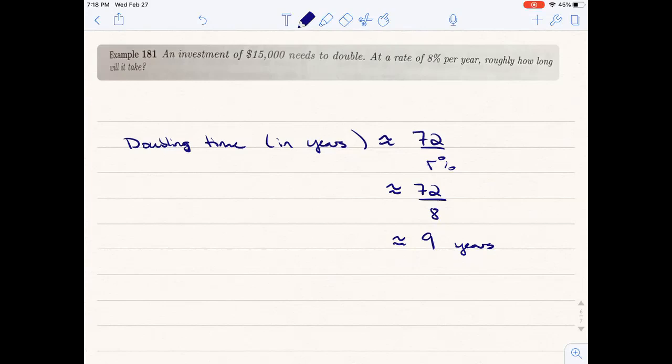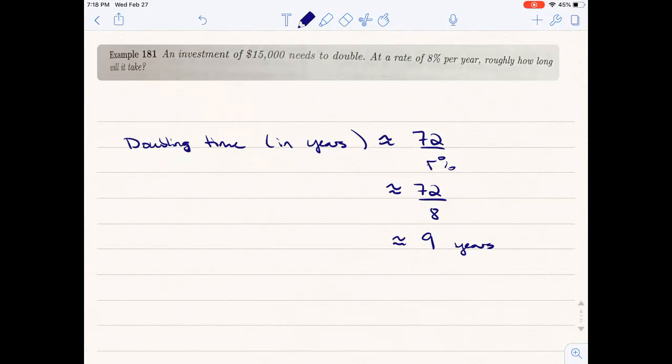And for example, if it would take you 50 years to double your money, maybe you're happy with that, maybe you're not, but at least you have a gauge to say, okay, well, this is how long it would take me to double my money. Do I like that or not? Right? And so that's why I find this quick little rule really fun and just kind of useful. Any questions about that one?